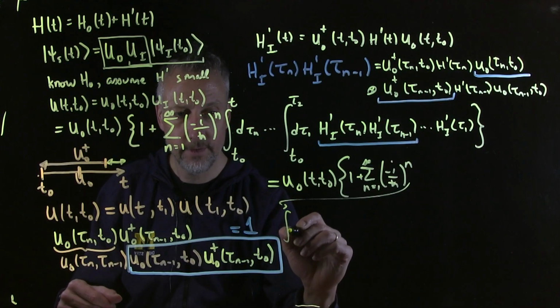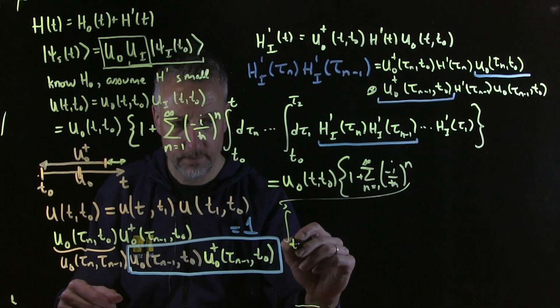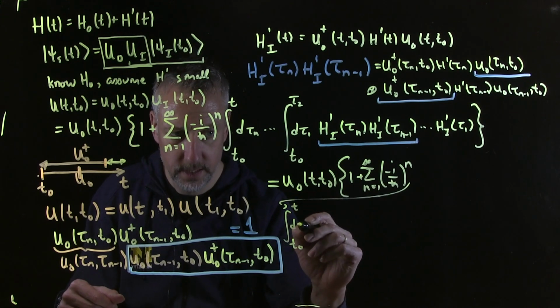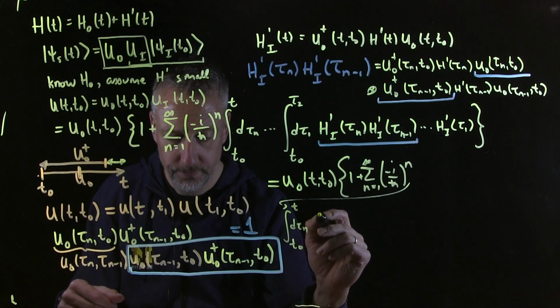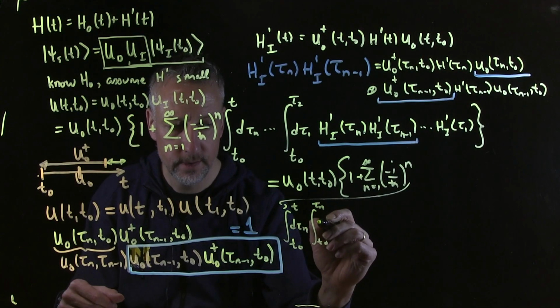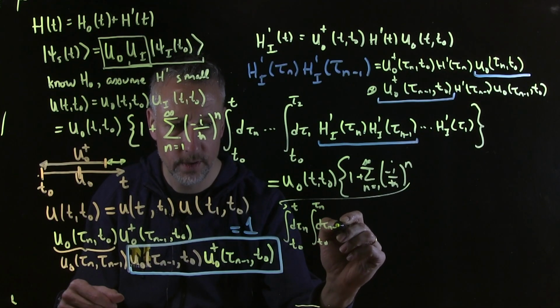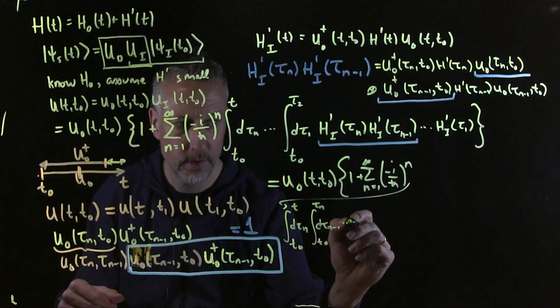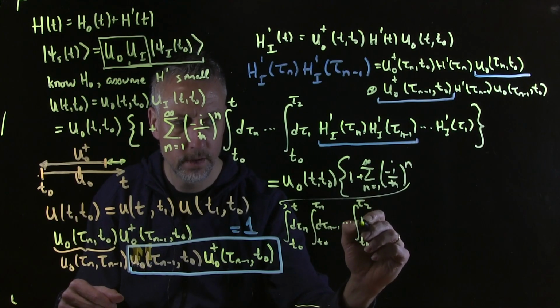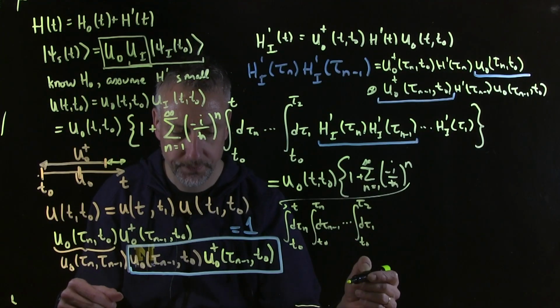All right, so then we have t naught up to t, d tau n, t naught up to tau n, d tau n minus 1, all the way down to t naught up to tau 2, d tau 1.